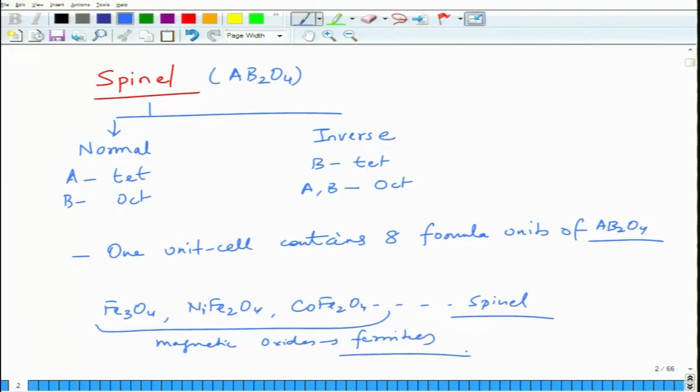They are used for a lot of magnetic applications. So, that is why it is important to know how the sites are filled in these structures, and based on the site filling they show some interesting magnetic phenomena.